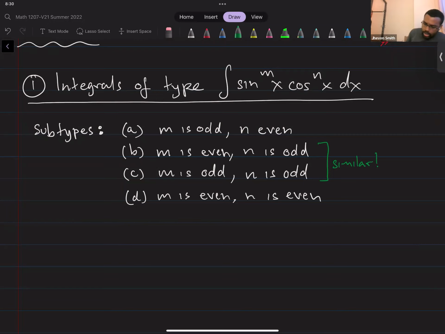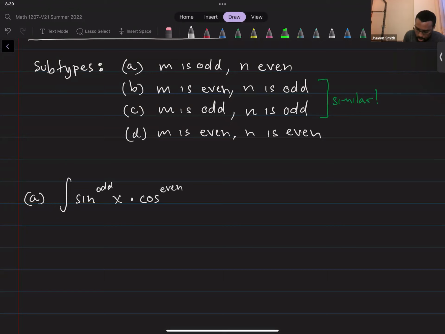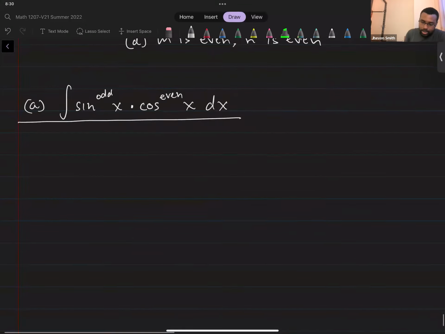Okay, so let's deal with subtype 1, A: integral of sine to an odd power times cosine to an even power. Turns out there's a standard way to approach this.